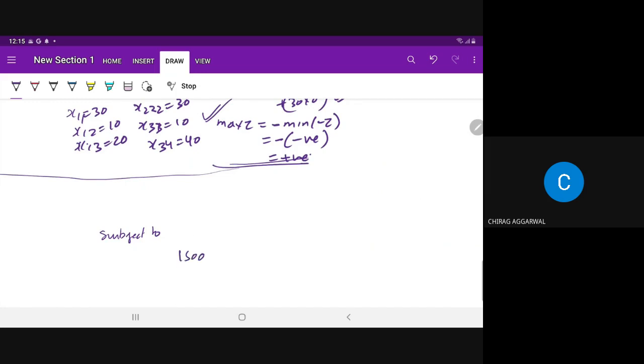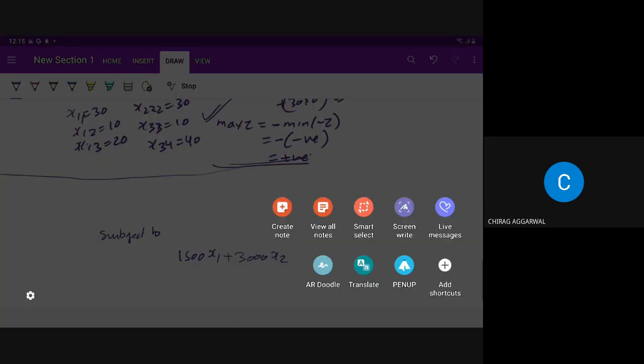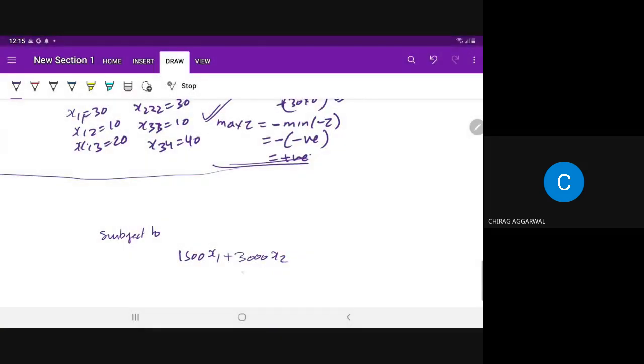The cost of a band concert is 1500. You are conducting x1 band concerts per year, so the total expenditure will be 1500 x1 plus 3000 for the art shows. The number of art shows you are conducting in a year is x2, so 3000 x2, and the total budget you have is around 15,000.